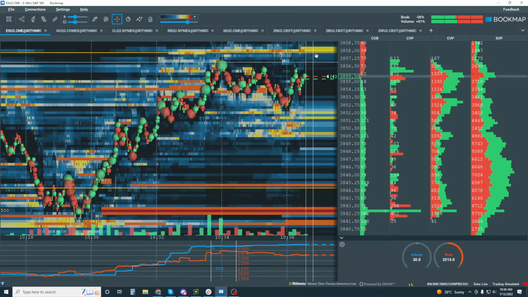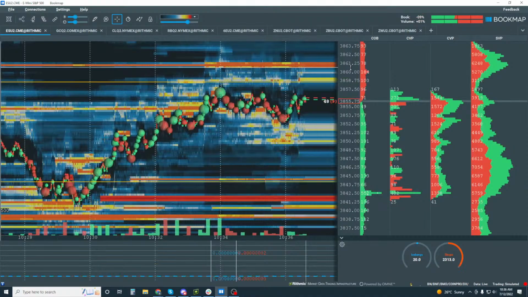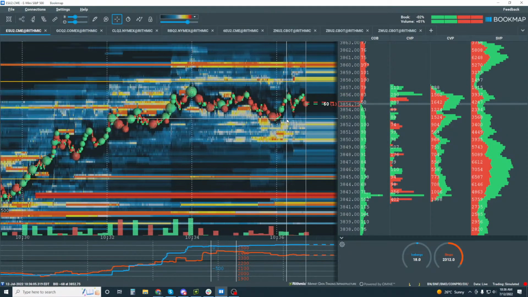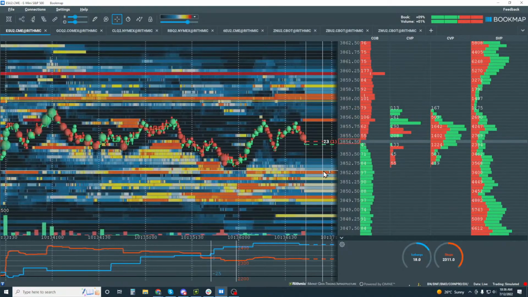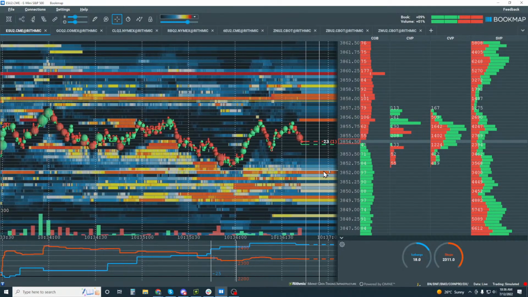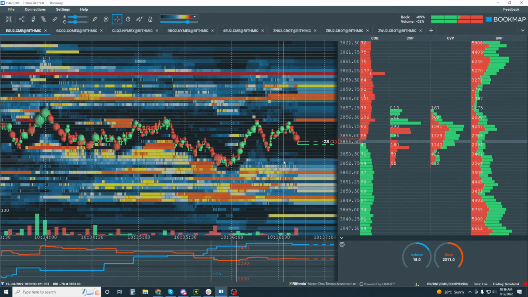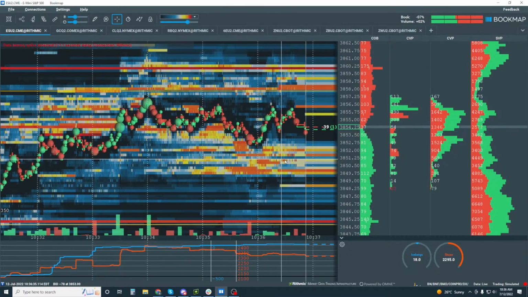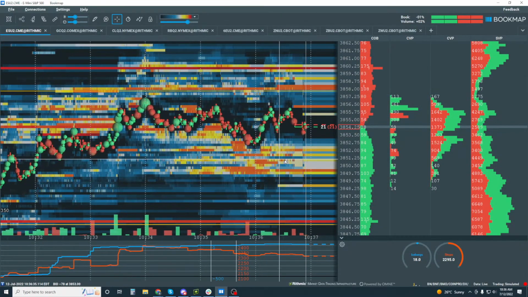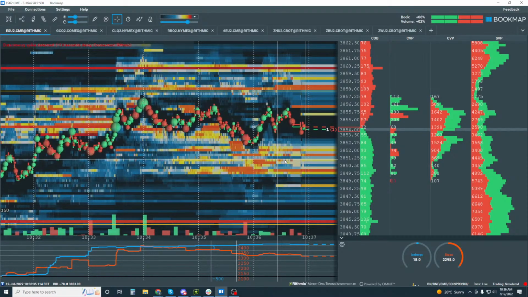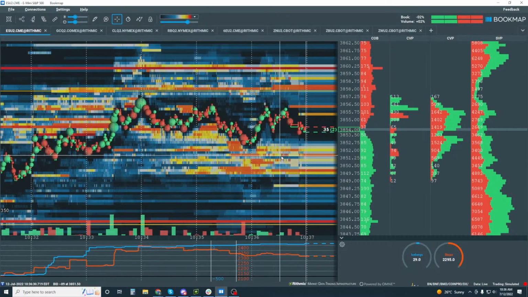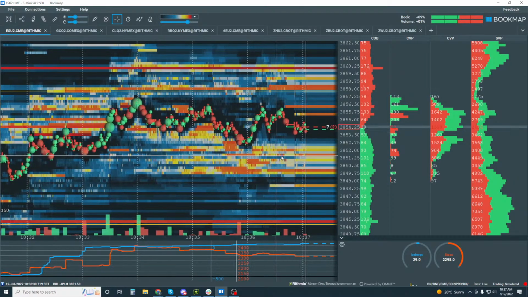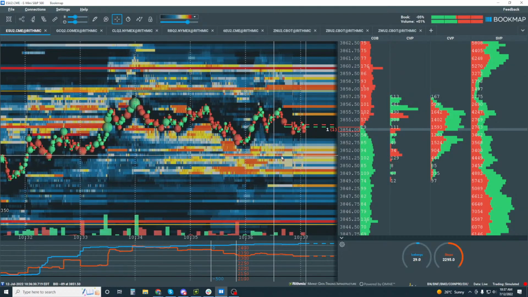Stops popped up into 58, maybe 60. Now the offer is showing some size there around 56 and a half and a little lower.